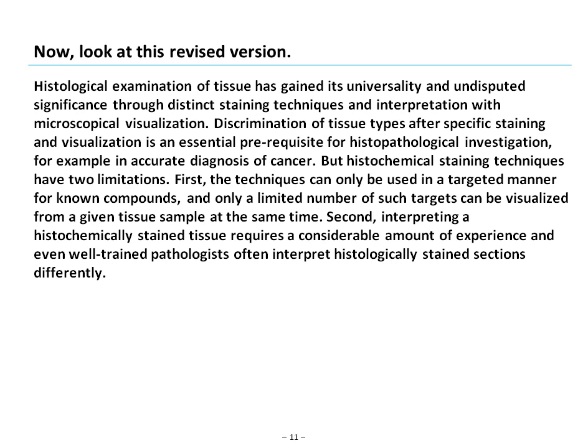First, the techniques can only be used in a targeted manner for known compounds, and only a limited number of such targets can be visualized from a given tissue sample at the same time. Second, interpreting a histochemically stained tissue requires a considerable amount of experience, and even well-trained pathologists often interpret histologically stained sections differently. See how the ideas are knitted together by the use of echo words?